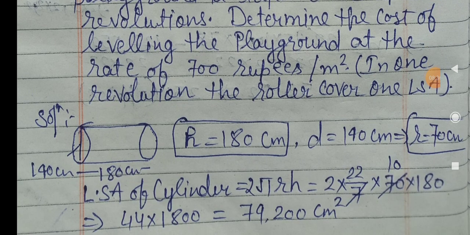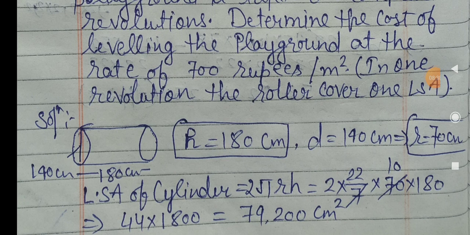When you have a roller, and the roller is rolled on the playground, in one roll it covers one curved surface area. So that means the distance of one roll is equal to the curved surface area of a cylinder. So first of all we have to find the curved surface area of a cylinder.